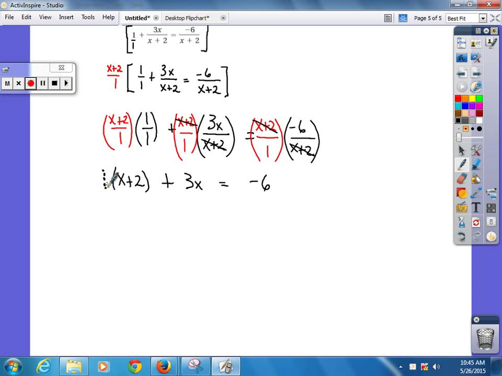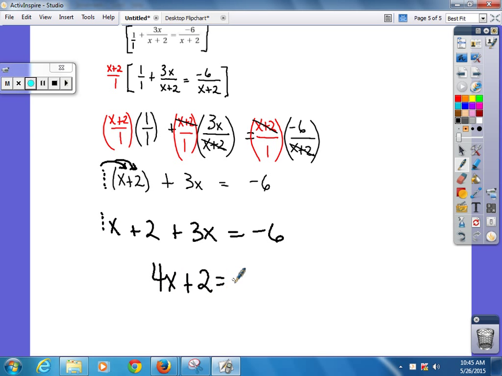There's a 1 here, so I'm going to distribute that 1. That's just a technicality. But there might be a -3 here, there might be a 4 here. You got to learn to do this. So 1x plus 2 plus 3x is equal to -6. And what's 1x plus 3x? 4x. Oh, it's so smart.